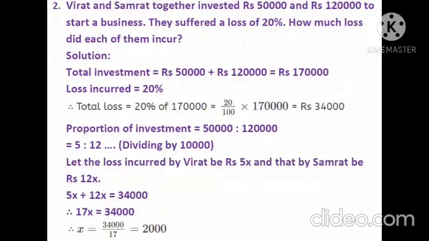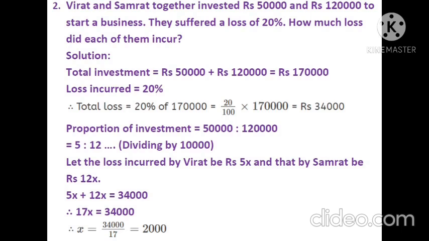Therefore, we write total loss is equal to 20% of 1,70,000, which is 20 upon 100 multiplied by 1,70,000. By multiplying and dividing, we get rupees 34,000. Therefore, total loss incurred by Virat and Samrat is equal to rupees 34,000.